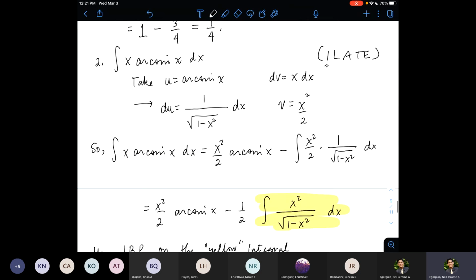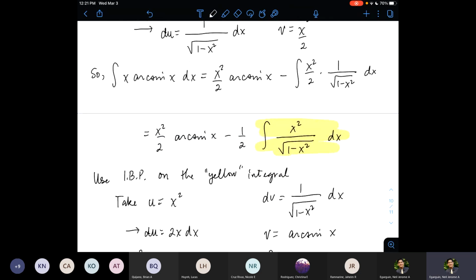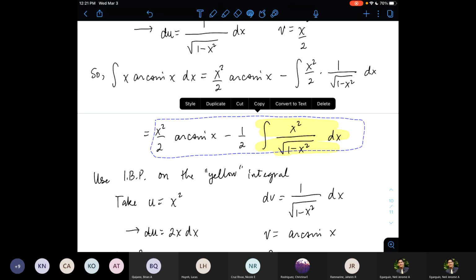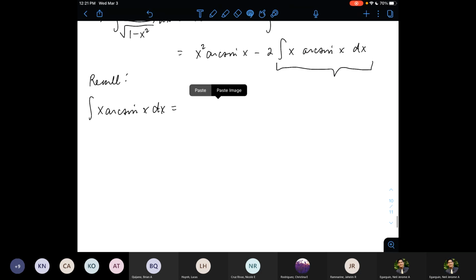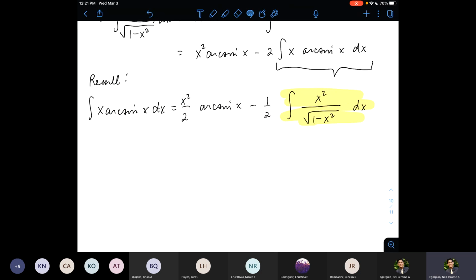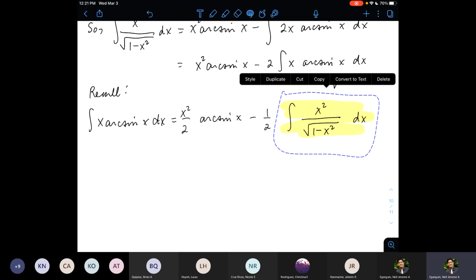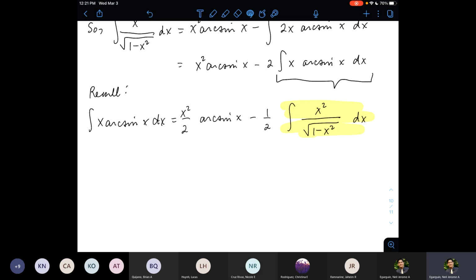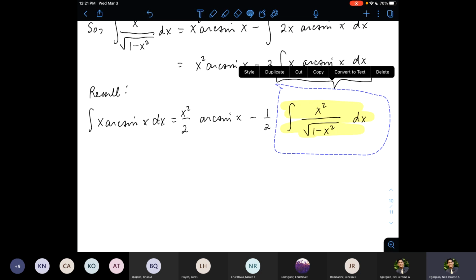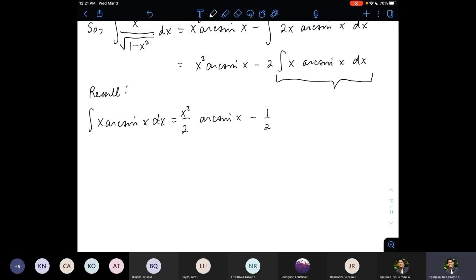And so far, we learned from before that that is equal to this guy. And what we did in our previous calculation is to calculate the yellow integral, right? But now we know that the yellow integral, I should have deleted, is equal to this.